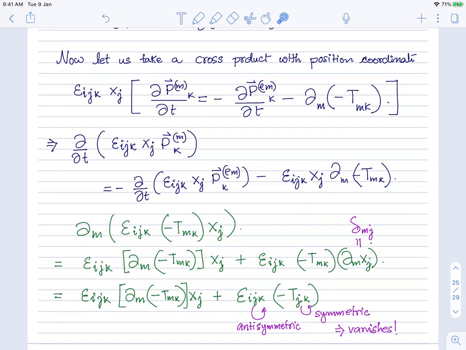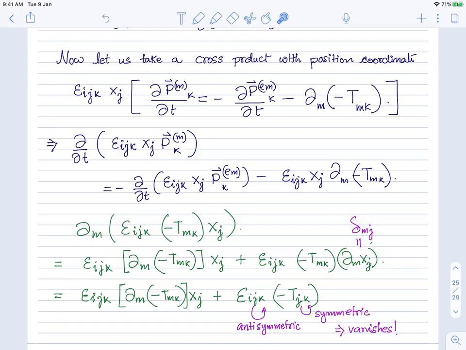And then there will be an additional term where the derivative acts on the xj. Because it acts on the xj, del m xj is going to be delta mj, that we know for sure. This contracts the m index with the j index.